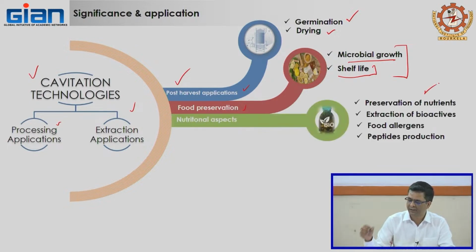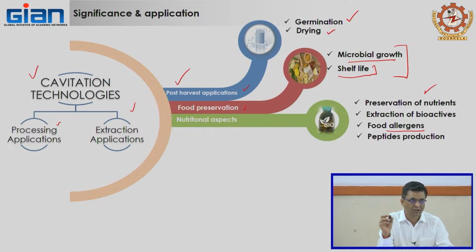Nutritional aspect: when we use cavitation, we have the capacity to preserve nutrients because it does not cause much degradation of nutrients. Extraction technologies, it's used extensively. Now it comes to allergens. It is also useful in modifying the functionality of protein, altering the properties of protein. Hence it can reduce the allergenicity or increase the allergenicity.